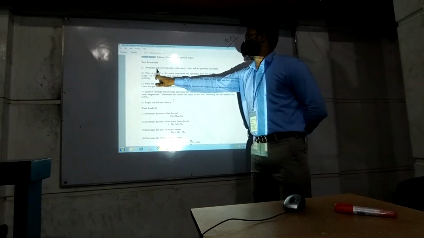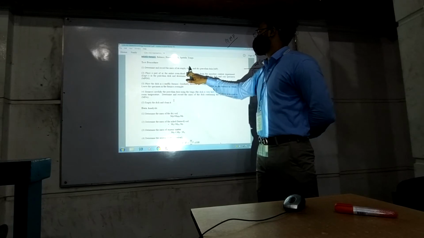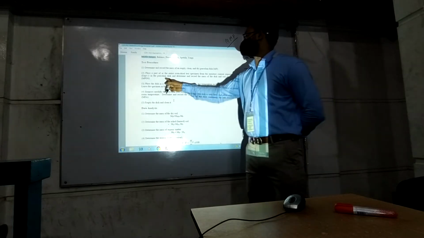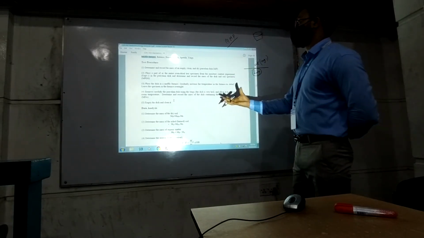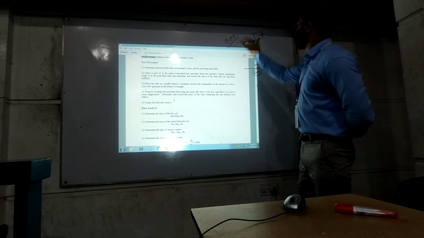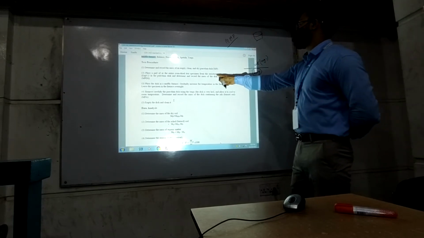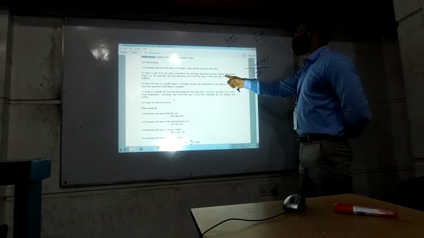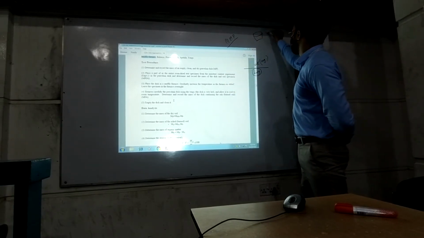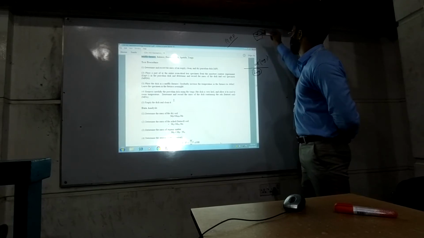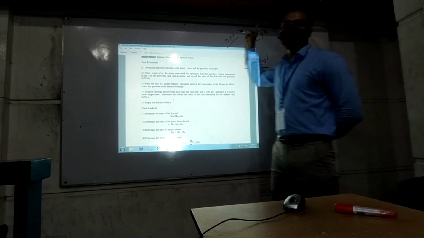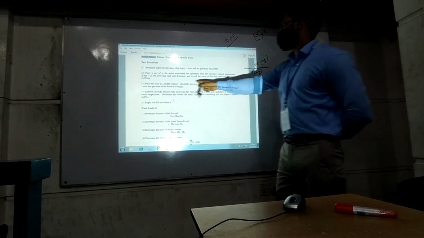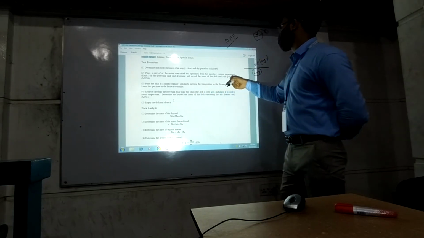The second step: place a part of our entire oven dried test specimen from the moisture content experiment in the porcelain dish. Now we have to place the soil sample that we already determined in the moisture content experiment into this porcelain dish. Then determine and record the mass of the dish.